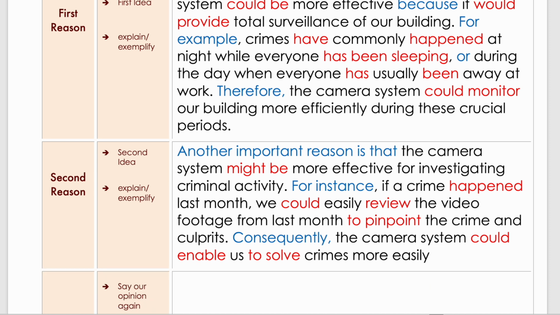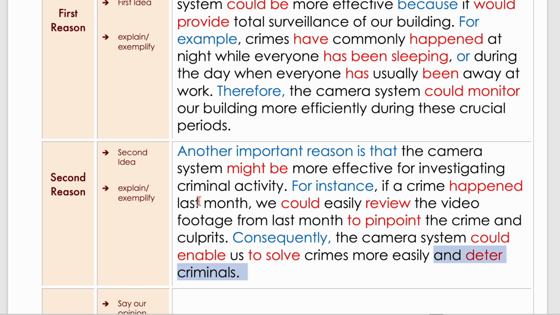We can end the sentence there, crimes more easily. We want to expand sentences, which is something that level 9s will do to get more words. Okay, I'll say something about that in the end. And deter, that's a stronger word. Deter, level 7/8s, you want to say stop. Deter is a stronger word to mean keep away the criminals.